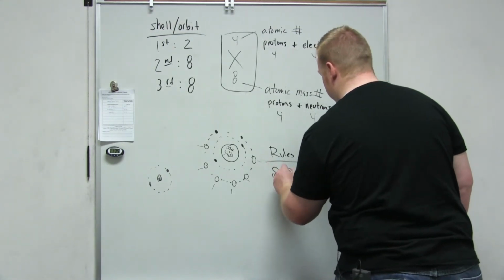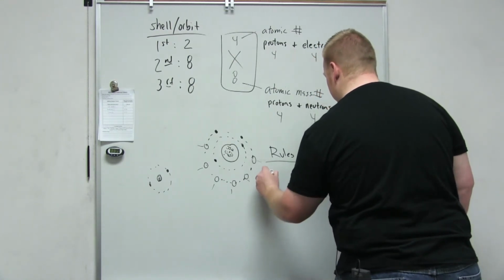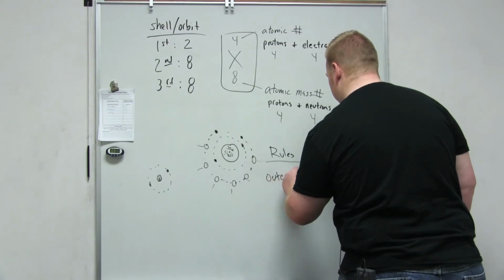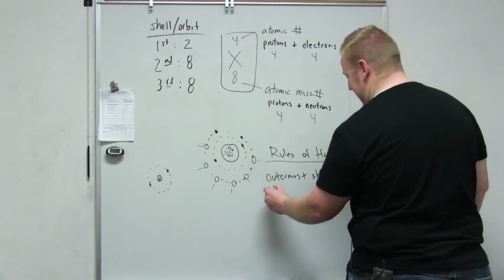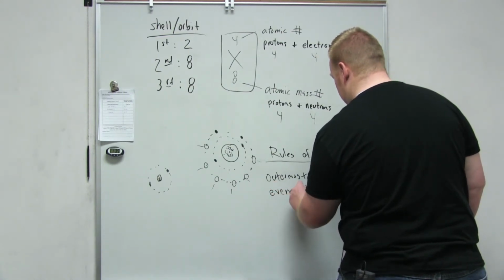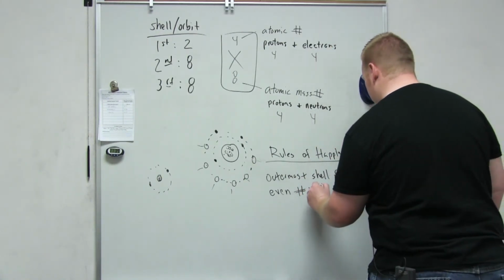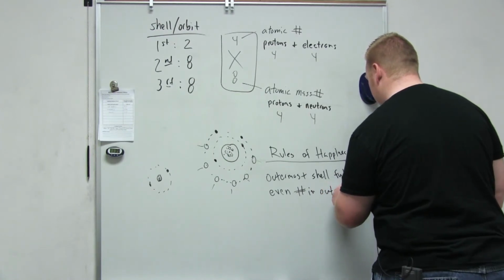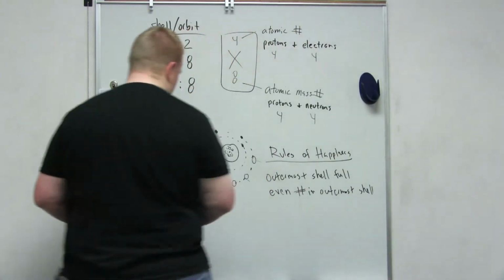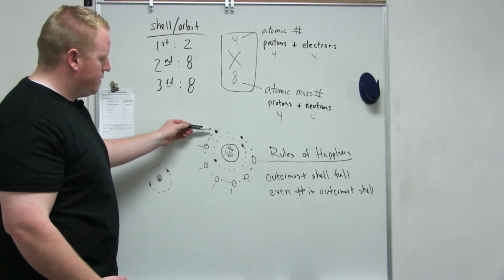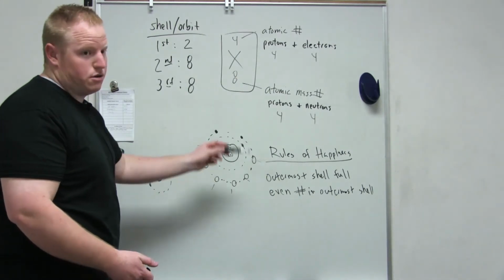So once 8, outermost shell full, or at least an even number in the outermost shell. So this has 2 in its outermost shell, so it's happy. It would be happiest with a full outer shell.